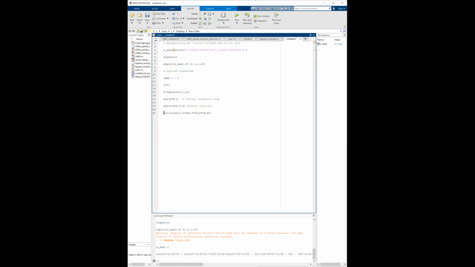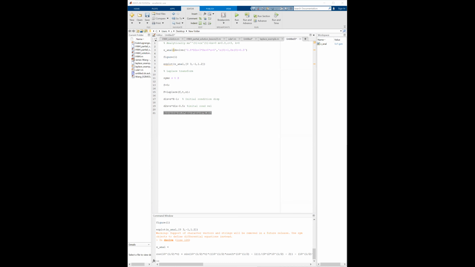And then the last term is here. Solve. And I want you to understand solve is a function that is used to solve the algebraic expression. So essentially, I have an algebraic expression that I'm trying to solve.